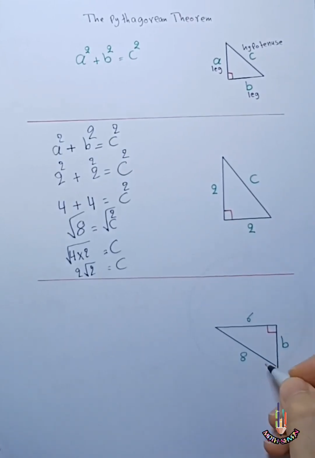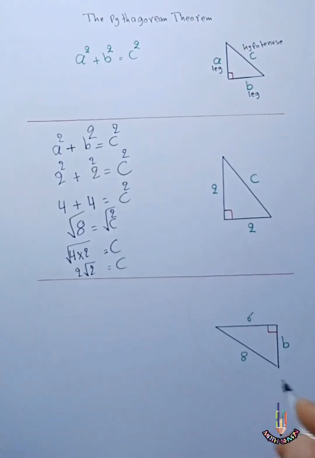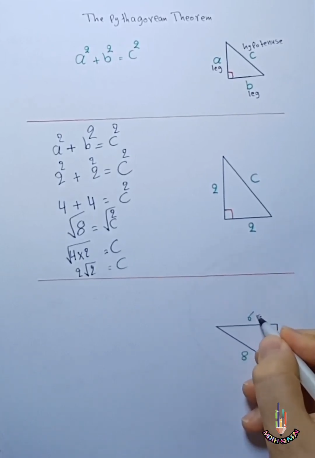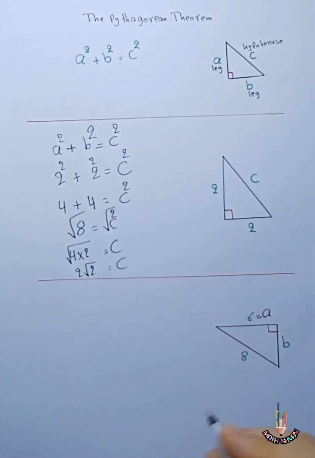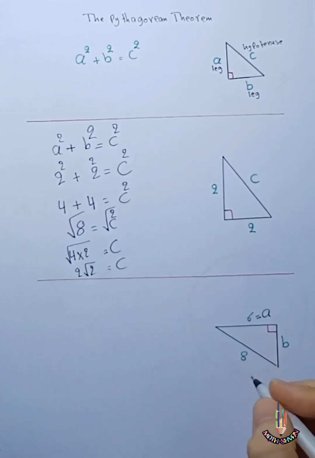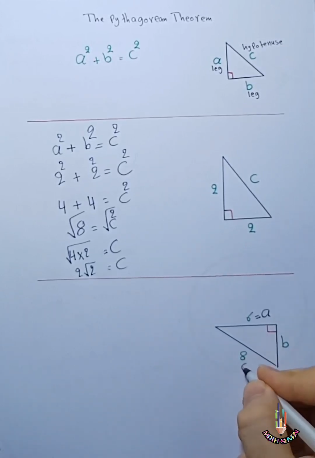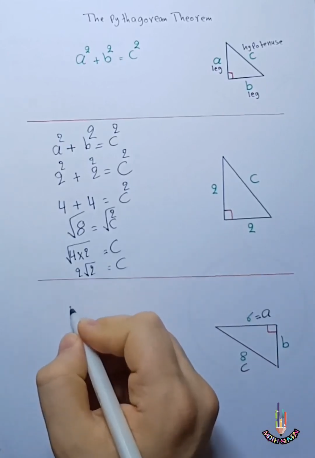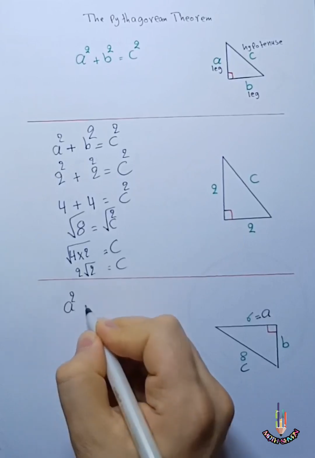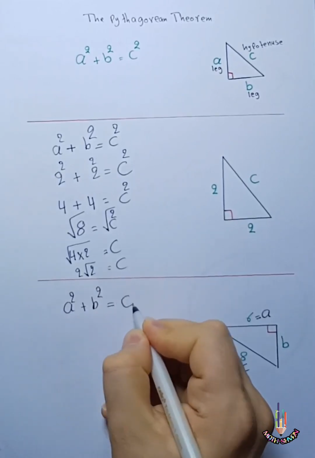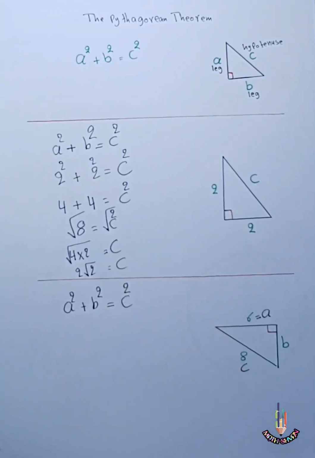Another example, we have this right triangle. 6 is the long leg, so we can write a, the short leg is b, and the hypotenuse is c. The Pythagorean theorem is a square plus b square equal to c square.